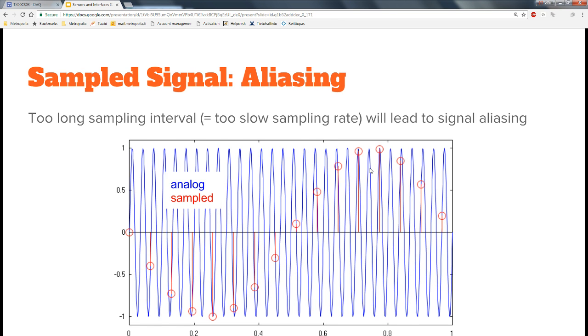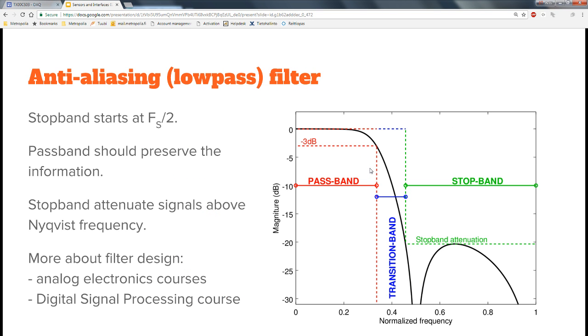Okay, to avoid aliasing, you need signal conditioning with an anti-aliasing low pass filter, where the stop band should start at the sampling rate over 2. Yes, sampling rate over 2. So at that point, when the stop band starts on that low pass filter, basically you should attenuate every single piece of information you have above that frequency, and you have to attenuate it enough.